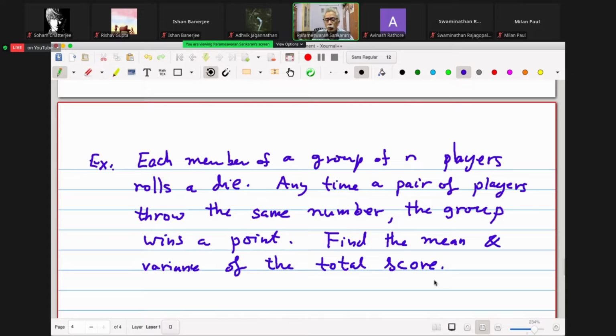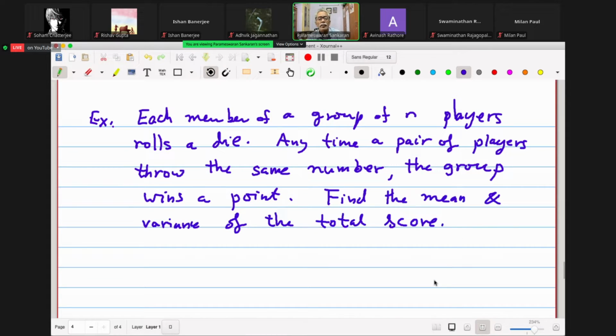Okay. So total score is a random variable. You see, it's a random experiment. You are not told how many pairs of players have thrown the same number. It may vary from one throw to the next.